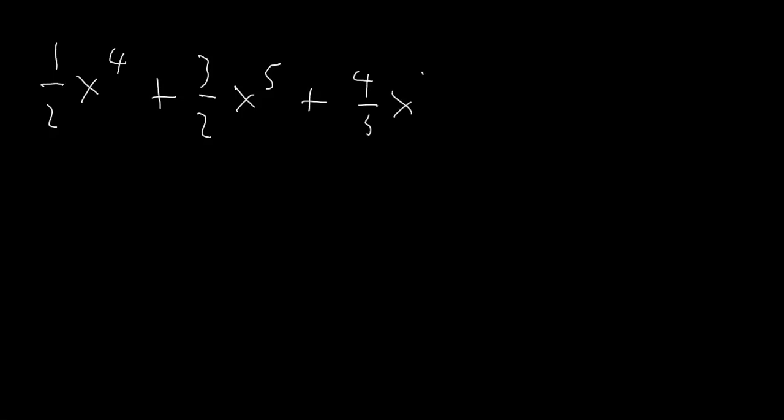Say for example you have an expression like this: 1/2 times x to the fourth power plus 3 over 2 times x to the fifth power plus, we'll just say, 4/5 times x to the second power.